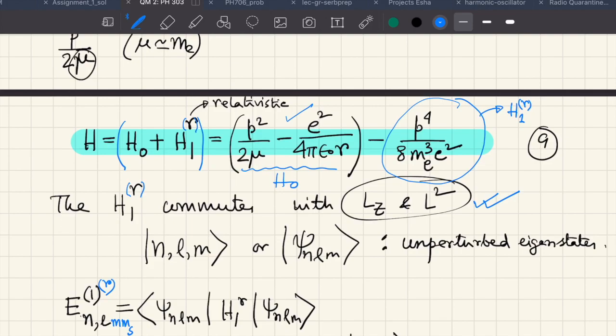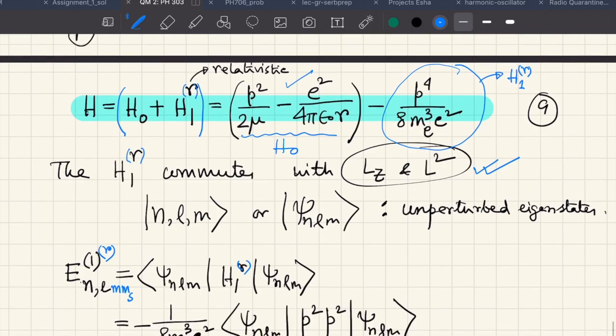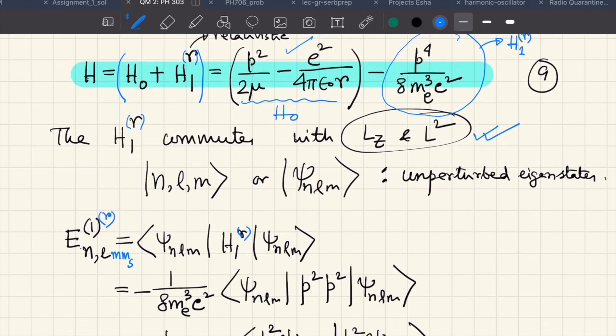The formula is basically to take the expectation value of this operator H1R in this nlm or nlm-ms eigenstate. I will come to that discussion later today when we start discussing the coupled and uncoupled basis. That time we will start this discussion.